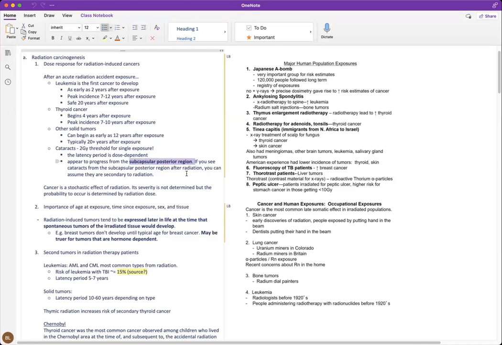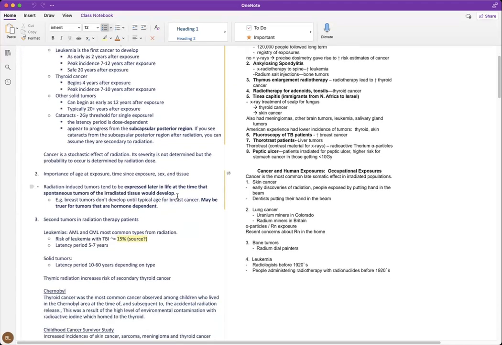Why is it important? You want to know, is it my fault or not that the person has cataracts? So they go to the doctor's office and do their eye exam, and they're like, it appears that the subcapsular posterior region is affected. And you're like, oh man, that was me.